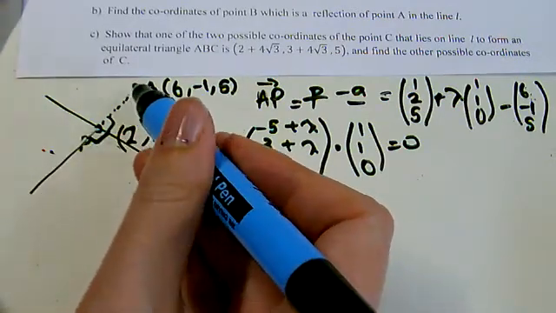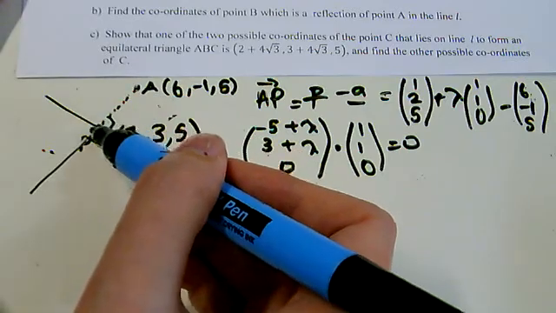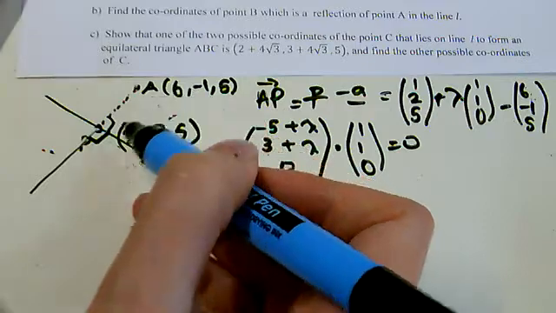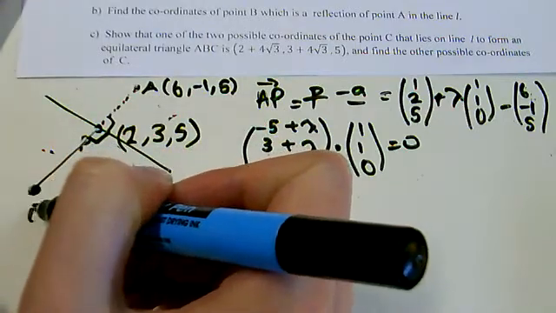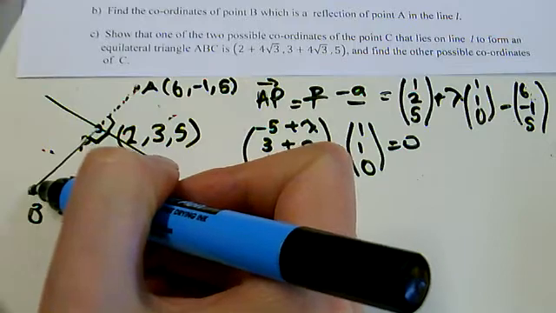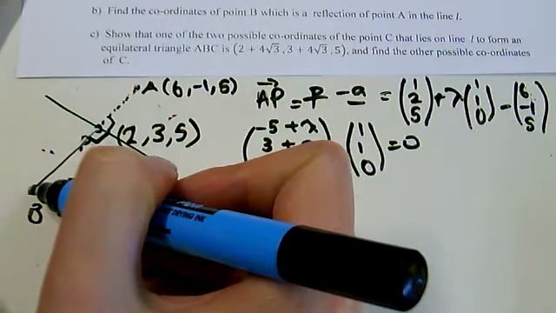And also the distance, if it's a reflection, from A to P is going to be the same as the distance from P onwards. So if we could work out the reflection point B, if we could work out this vector, if we did it again from P, we would work out the coordinates of B.